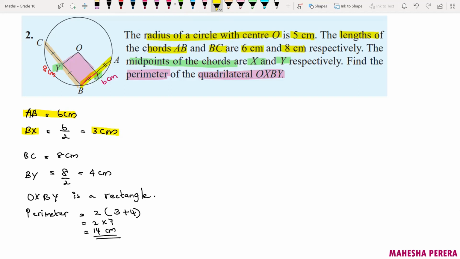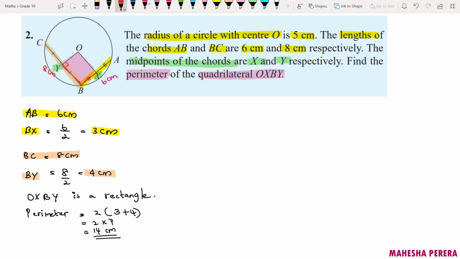Similarly, the length of BC is 8 centimeters. So this BY, the length of BY in our quadrilateral, should be half of 8 centimeters, which is 4 centimeters. If you consider this angle, this should be 90 degrees.